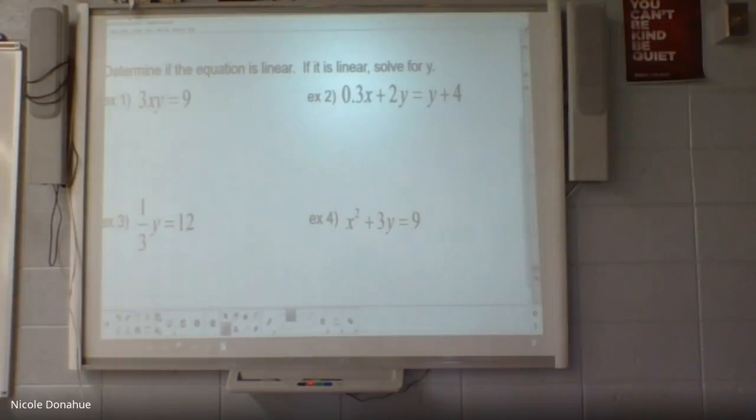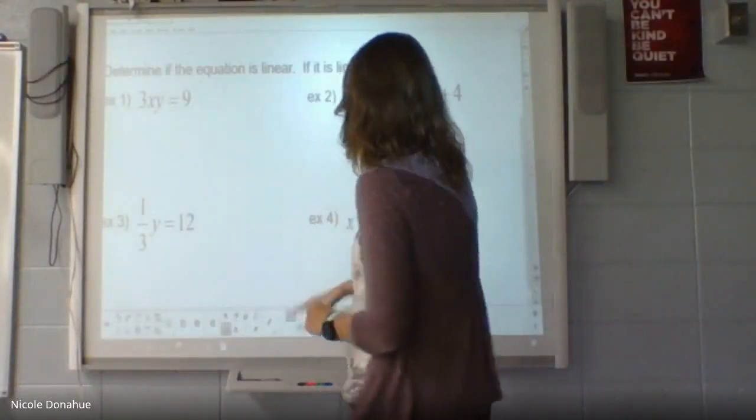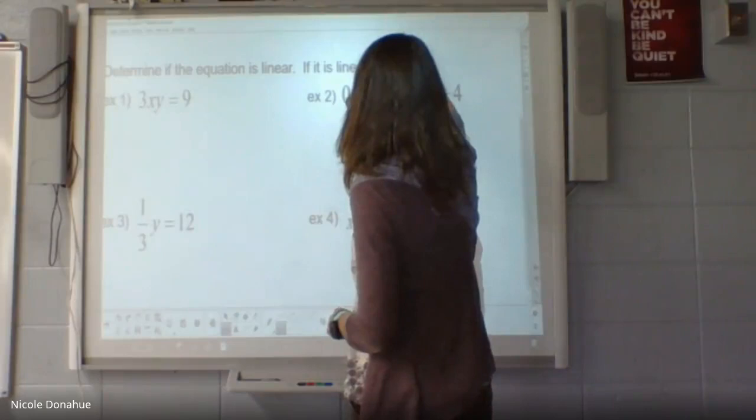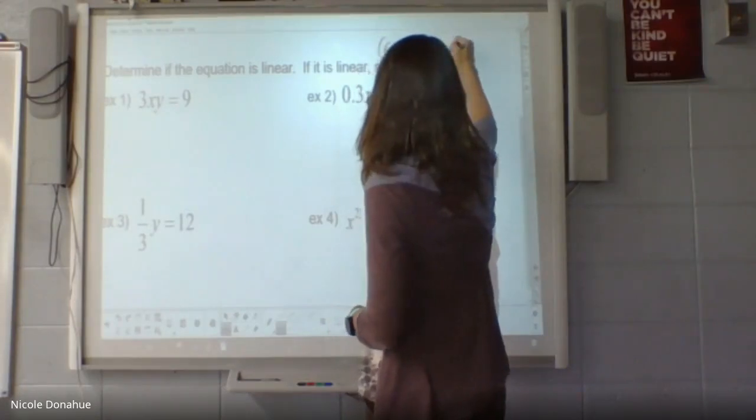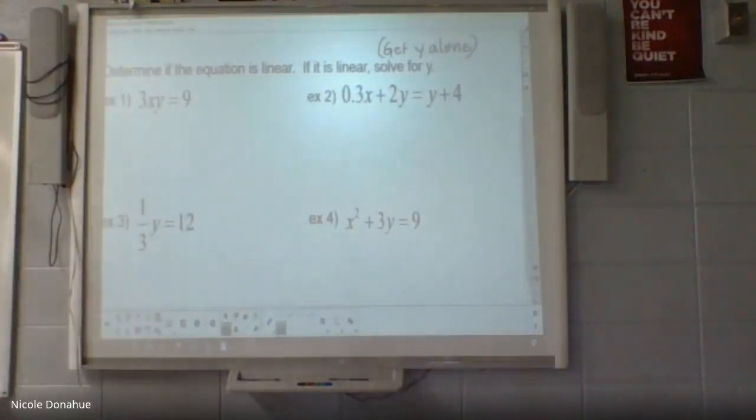If it's linear, we should be able to solve for y. Even if you just write down linear or not, we'll decide if we get the y alone together.